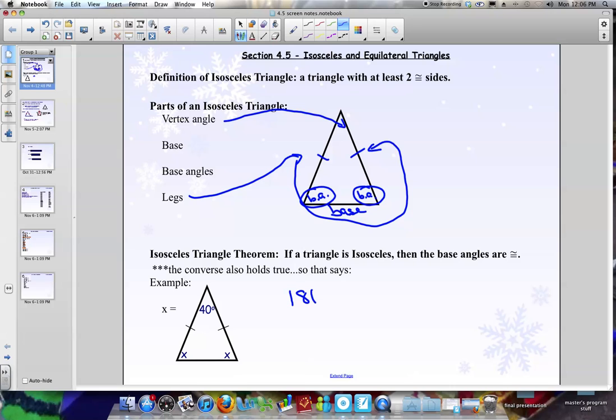So we would take 180 minus our 40, and we would know that our base angles have to add up to 140 degrees. And since they have to be equal to each other, we would take 140 divided by 2, and each of our base angles would have to measure 70 degrees.